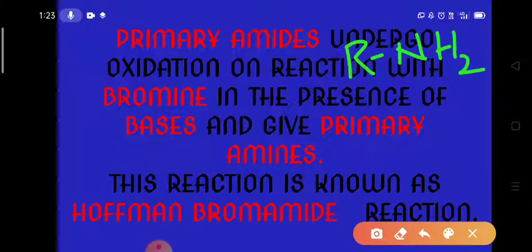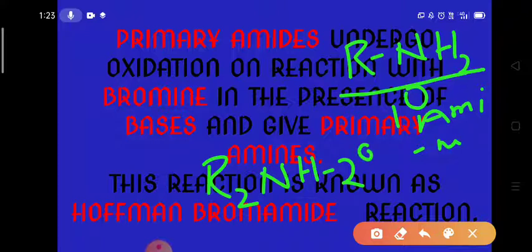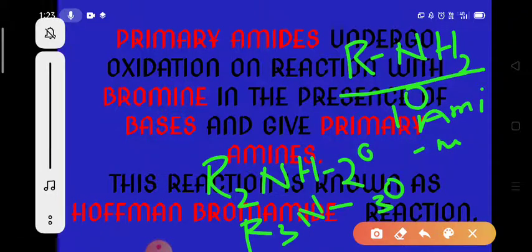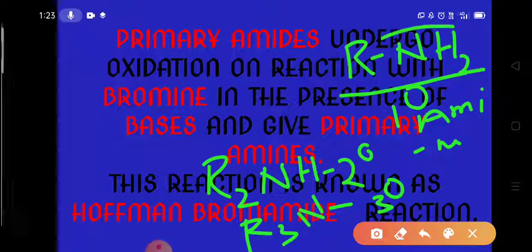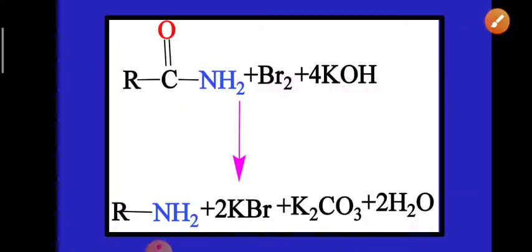The compounds with RNH2 formula are called the primary amines, the compounds with R2NH formula are known as the secondary amines, and the compounds with R3N formula are called the tertiary amines or third degree amines. So in Hoffman bromamide reaction, we get primary amines from primary amides. That is the reaction. And now we go for the reaction.